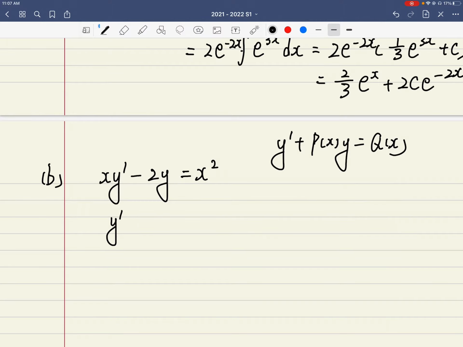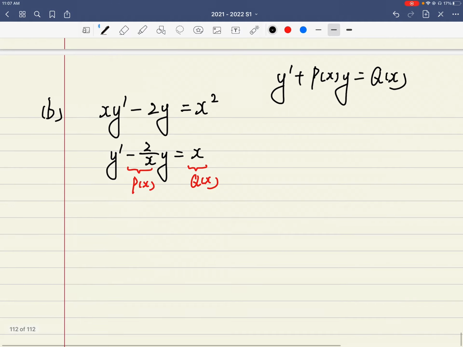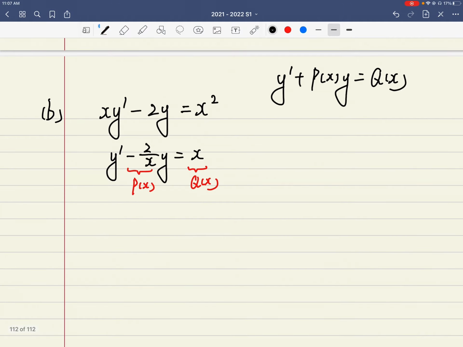So divide x on both sides. Then this part is p(x), this part is your q(x). Then it is linear, so you can just apply the formula.